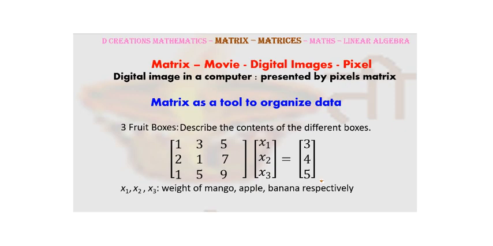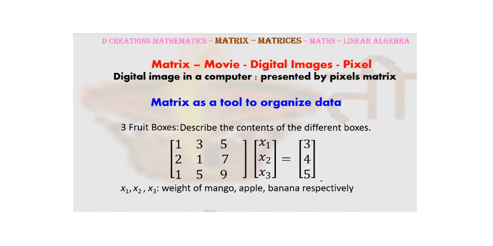Now, if you go back to the real life situation that we were looking at, what did we do? We represented the whole data in terms of a matrix. We had another matrix. This is called a column matrix because you can see that there are three rows but only one column. And then there is another matrix which basically represents the outputs.